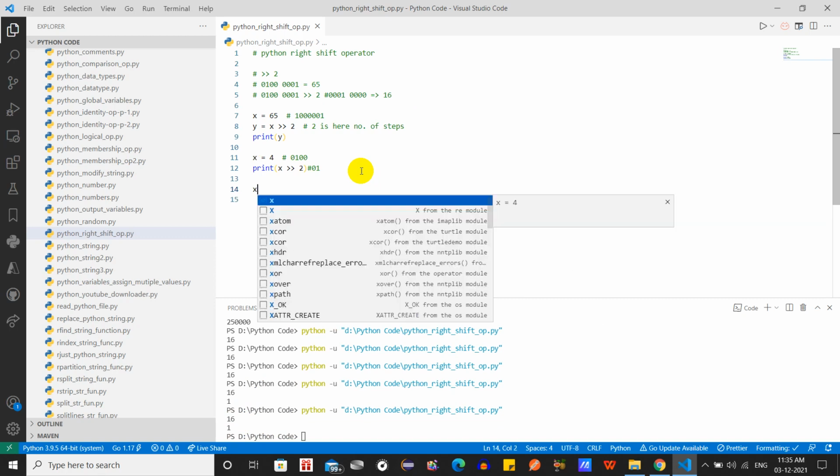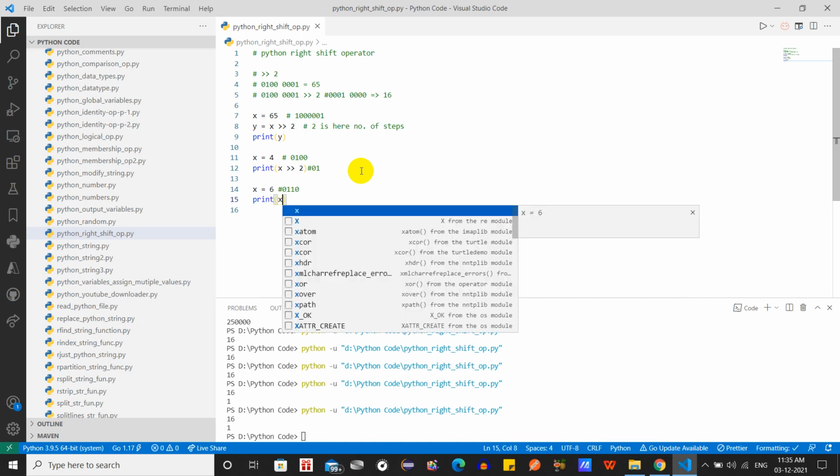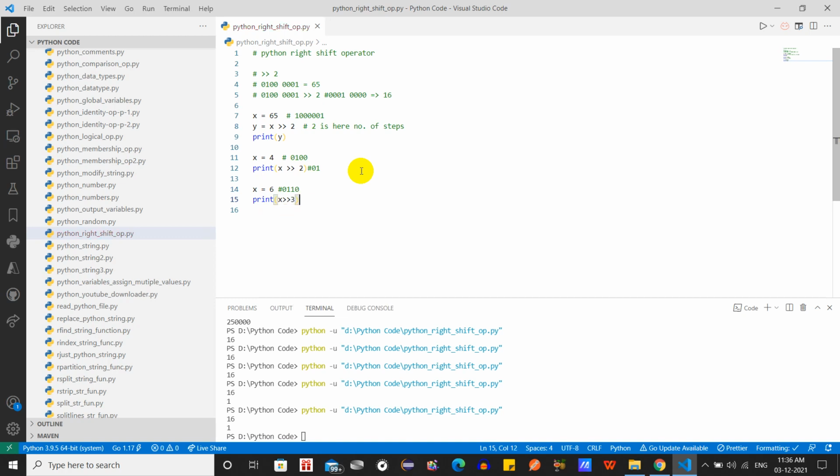Understood? Then next, x equals suppose 6. 6 means 0 1 1 0, then print x right shift 3. So now what is your answer? 3 means all the right side 3 bits are going to be deleted, and it is written 0.